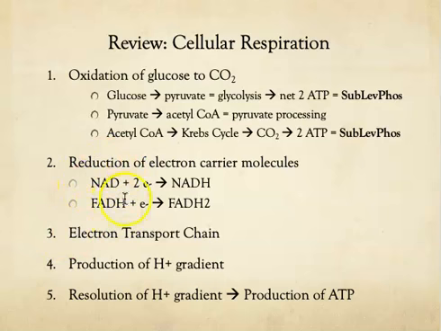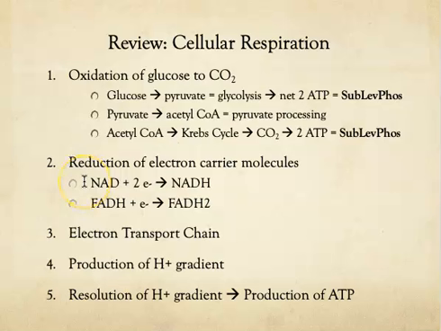And there are two involved. There's one called NAD and there's one called FADH. Now, this is not a balanced equation. I just want you to know that when you add electrons to NAD, you get NADH. When you add electrons to FADH, you get FADH2. So don't worry about balancing this out. That's not important. We oxidize glucose to carbon dioxide.